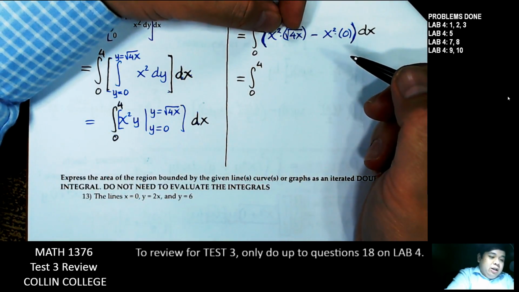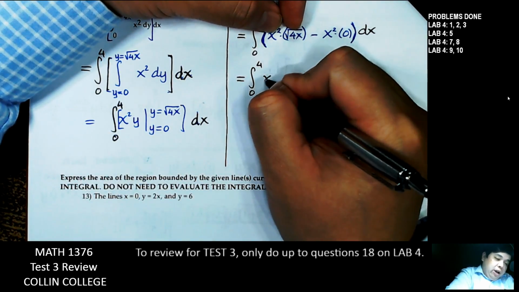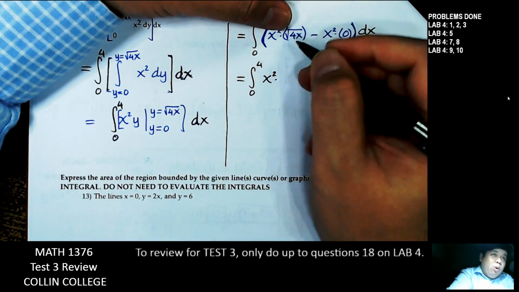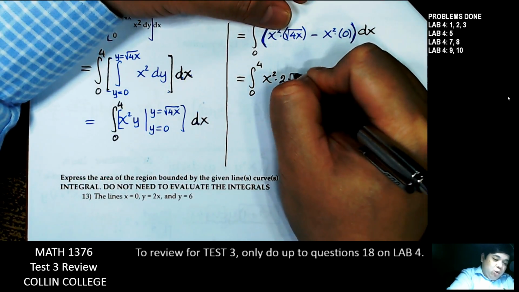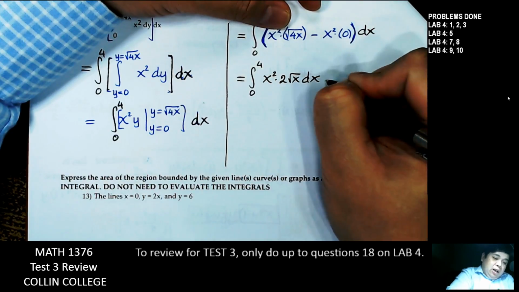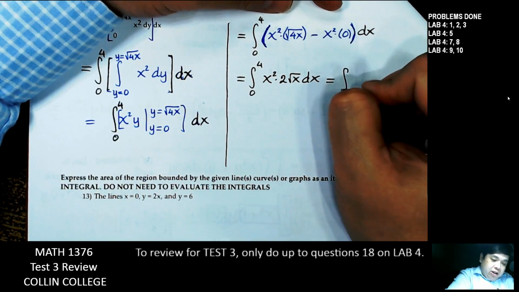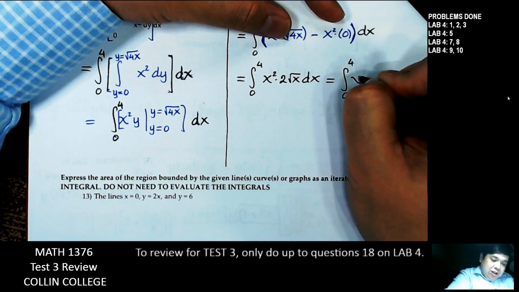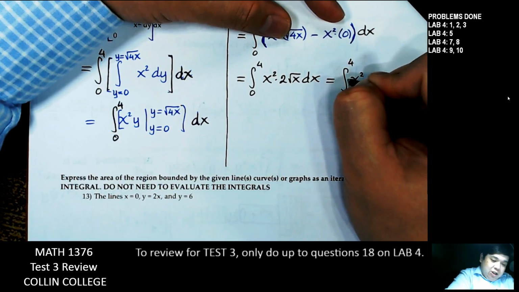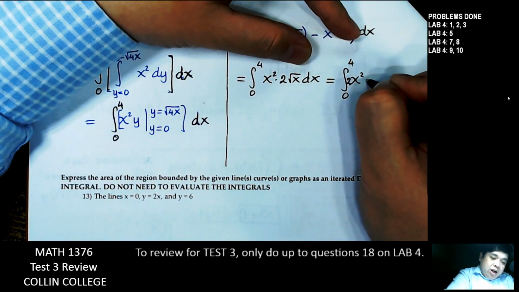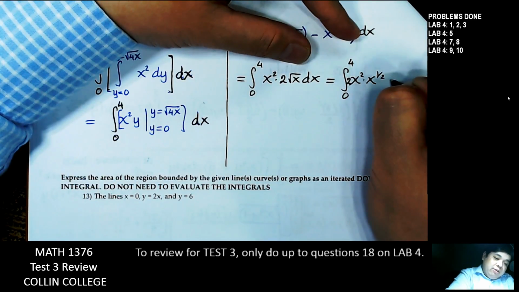So that will be x squared times square root of 4, actually just 2, square root of x dx. We just simplify: 2 x squared, square root of x is x to the 1/2 dx.